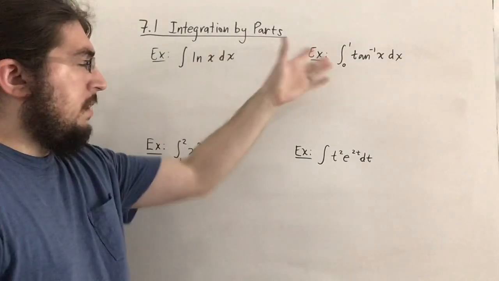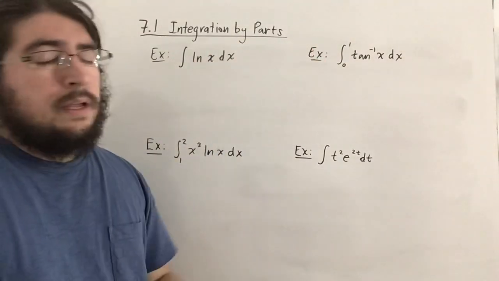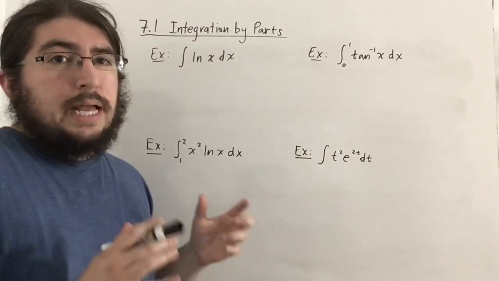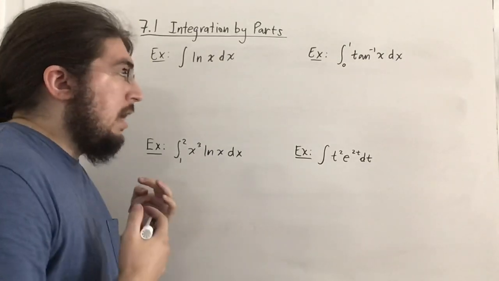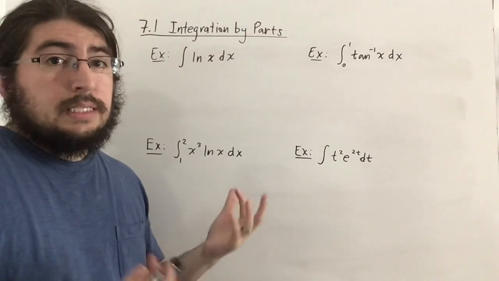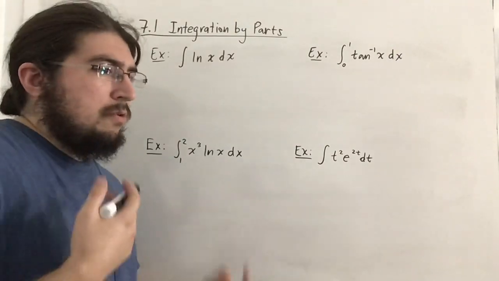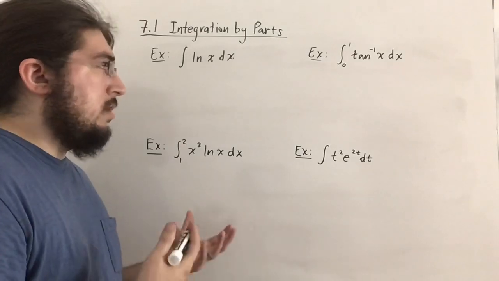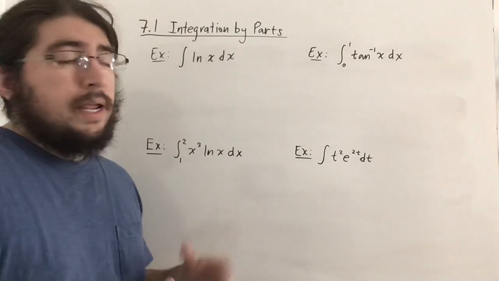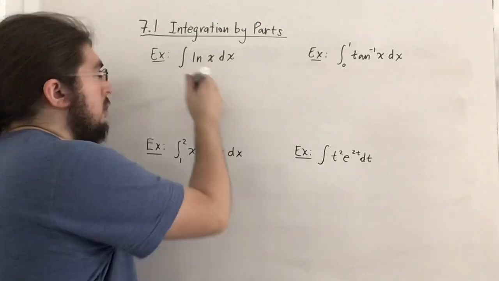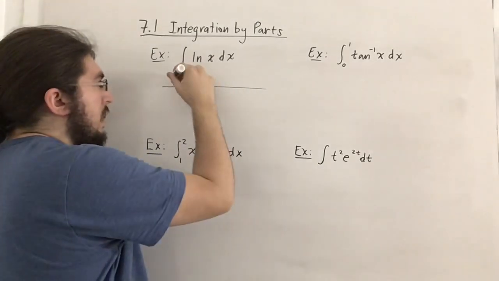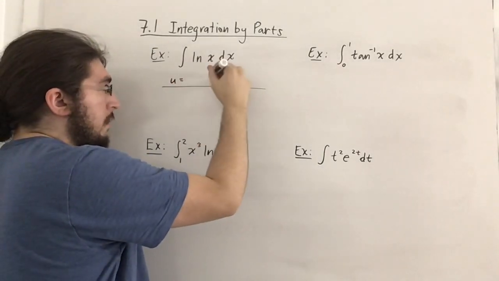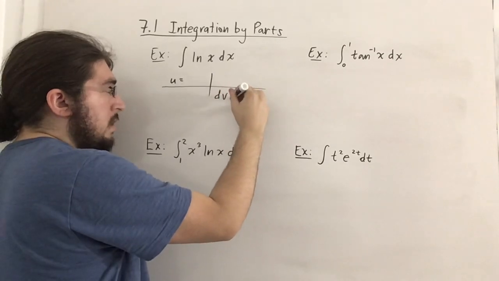So now, in regards to these two, they're not products. But believe it or not, by parts actually still applies. Now, it's not obvious by any means that that's the case, but you really just know by practicing these things that that is the only thing we can try that actually works. So if we try integration by parts here, we need a u and we need dv.